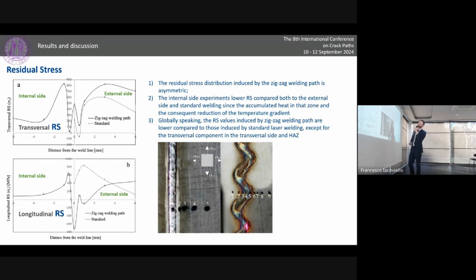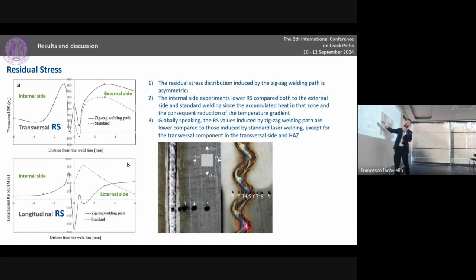We can observe, first of all, that there is a non-symmetric behavior for both transversal and longitudinal residual stress coming from the bio-inspired welding path. It is expected. But we also can observe that there is a reduction of residual stress compared to the standard welding, above all if you consider the longitudinal residual stress.